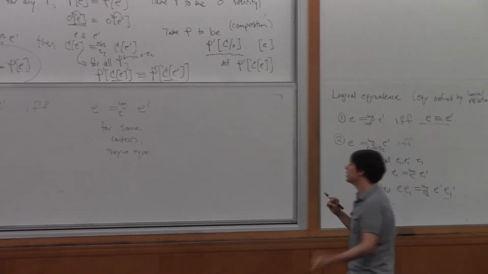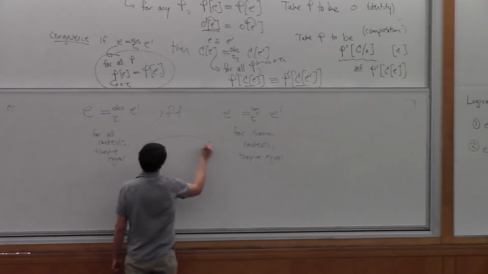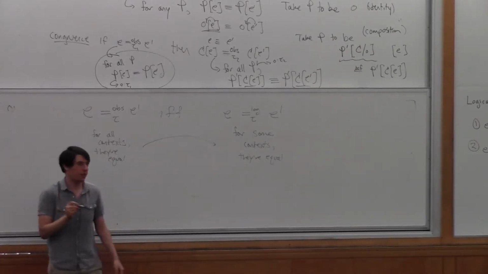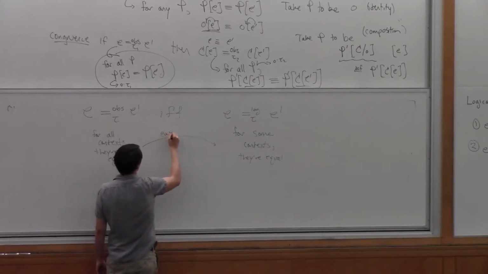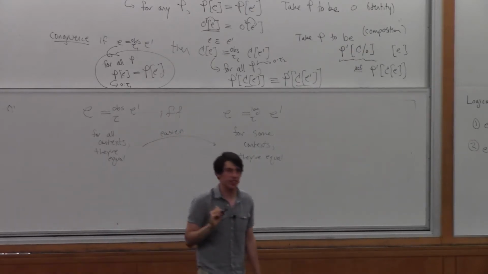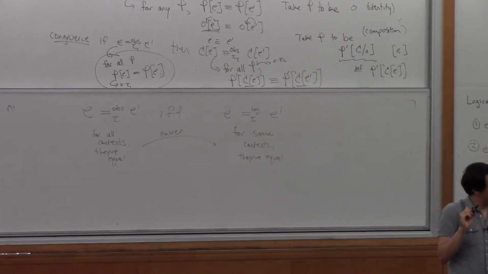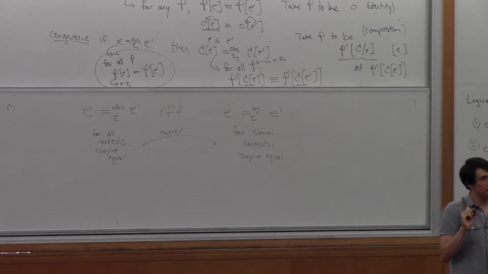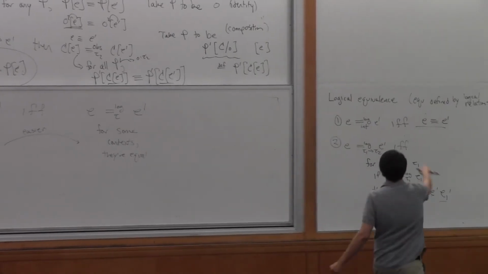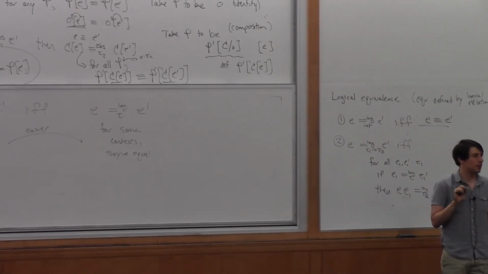Okay? So which direction of this should be easy? That one should at least be easier. There's a bit of a twist to it, but because that one's easier, I'll leave it as an exercise for the hands-on session. Why? Because essentially it says, if they're equal for all contexts, then they're certainly equal for those two particular contexts that I've picked out on the basis of the type there.